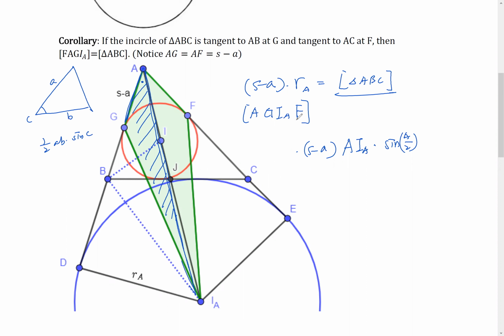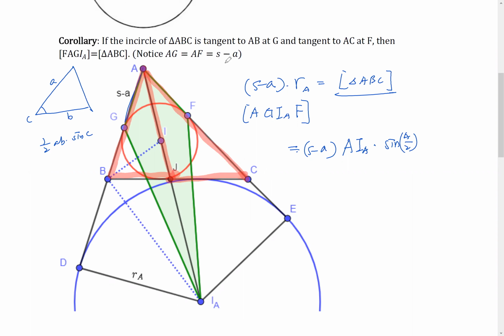So the area of this quadrilateral is supposedly equal to this, but what's the area of triangle ABC? This time I'm going to also use the angle bisector property. So I'm going to calculate the area of ABC using two parts, this part and then this part.